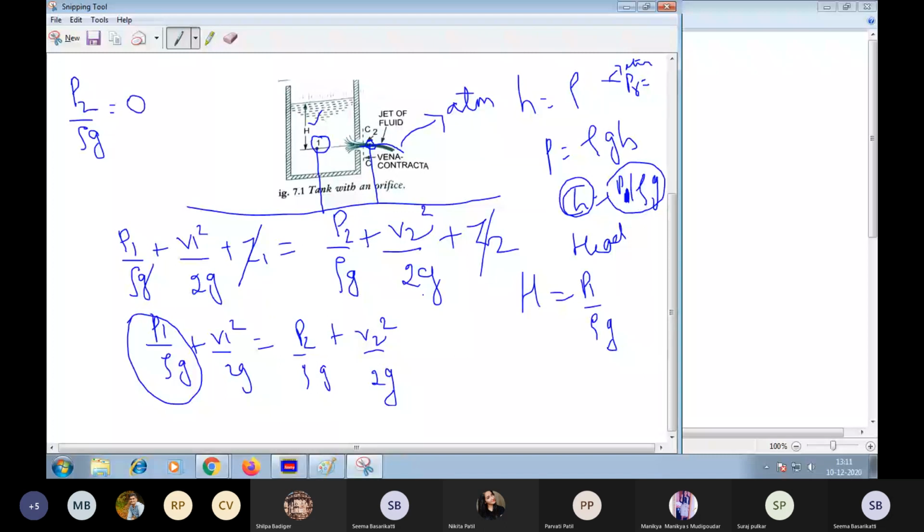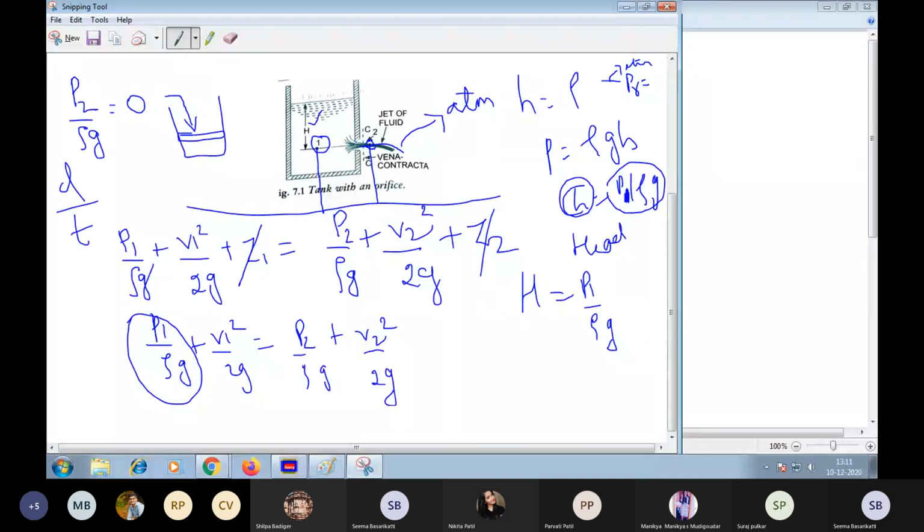Yes, ma'am. Then what about velocity at section 1? Think that this is a tank. The water is taken here. Does the velocity exist here? What do you mean by velocity? It is the distance traveled by the time taken.